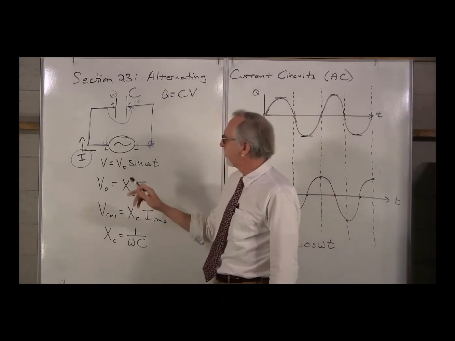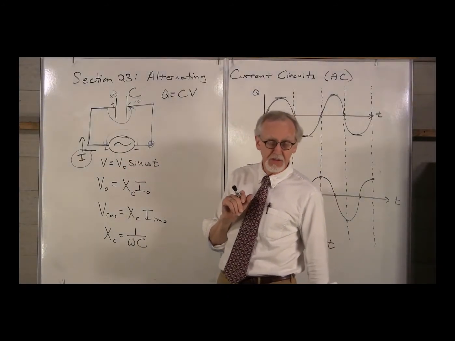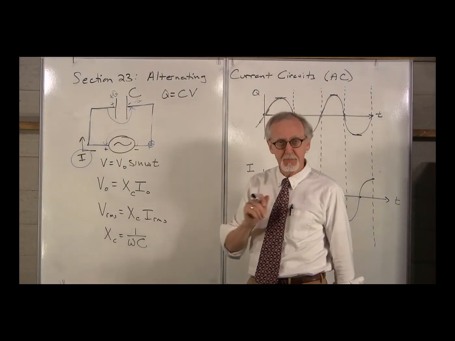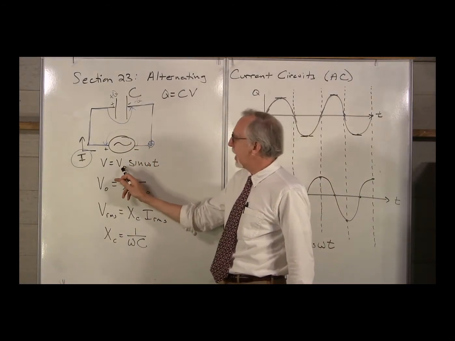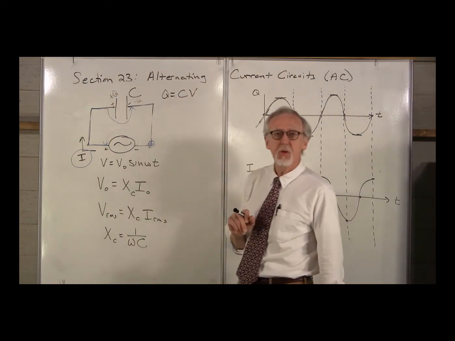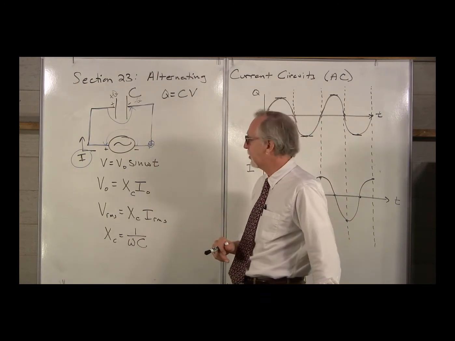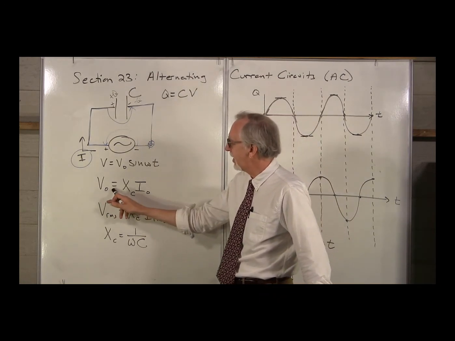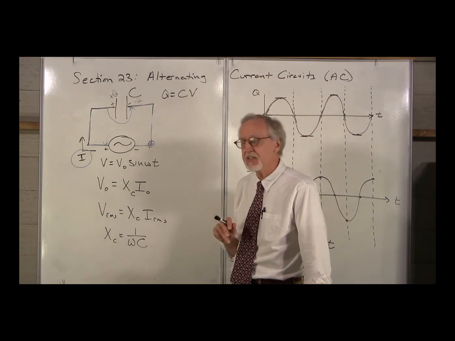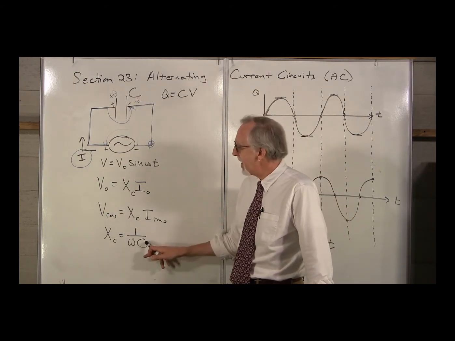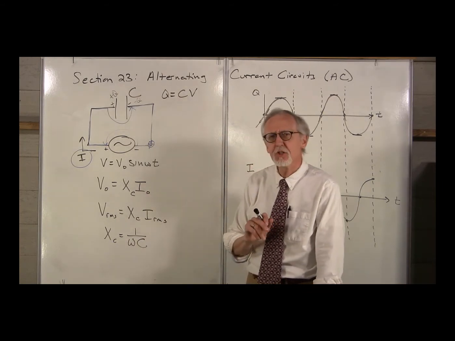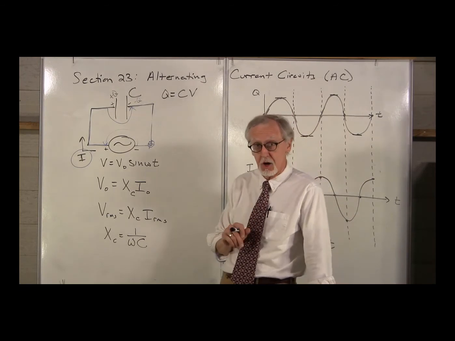Let me just put down a recap of what we've found here. What we have is for an AC voltage source, V equals V naught sine omega t, with a capacitor with capacitance C, the applied voltage amplitude, V naught, is proportional to the current amplitude I naught by the equation V naught equals XC I naught, where XC is what we call the capacitive reactance and has a value of 1 over omega C. Notice that this looks very much like Ohm's law.